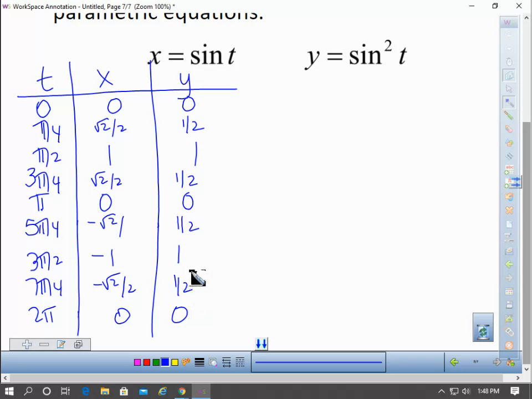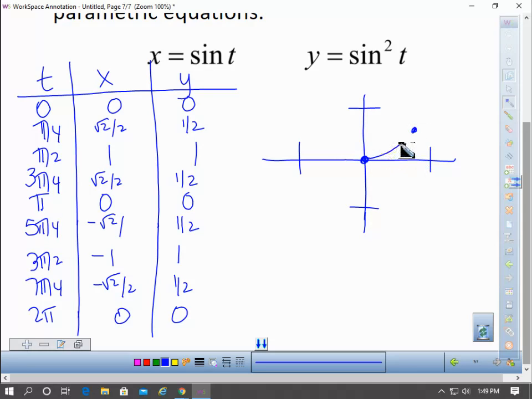So now when you come over here and sketch what this does, my biggest number I go out is 1, so that's all I need for my tick marks. So I start at 0, 0. That's where I start when t is 0. And then I go to radical 2 over 2, 1/2, which is going to be 0.7, 0.5. So I'm going to go over 0.7 and up 0.5.